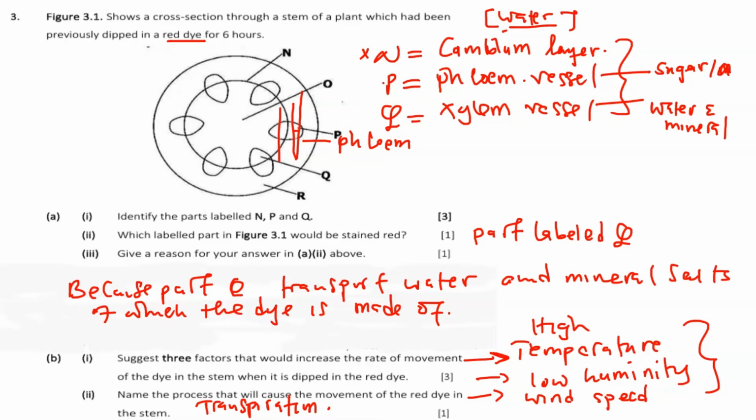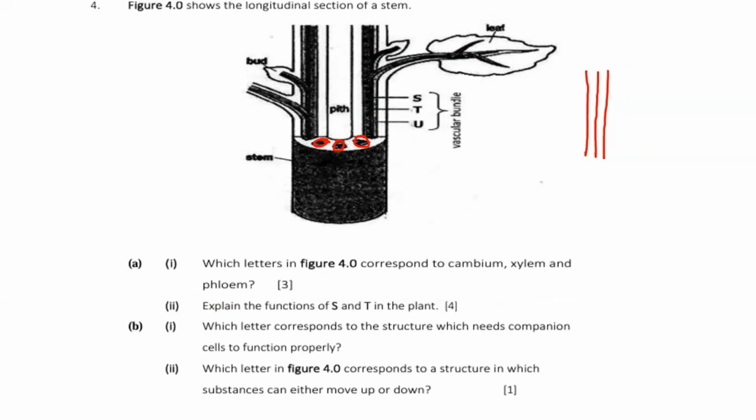So let us look at the question. What is the question? Which letters in figure 4.0 correspond to cambium? Since it is not visible here, let's say there's a layer 1, a layer 2 and of course layer 3. The layer 1 that is outside, let us say it is S. We are going to consider the layer S to be the one that is outside, because here we don't know where it is.